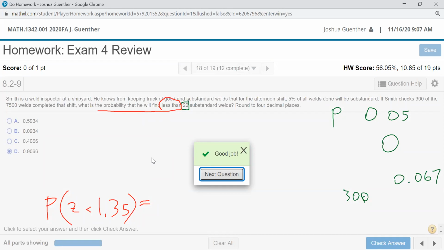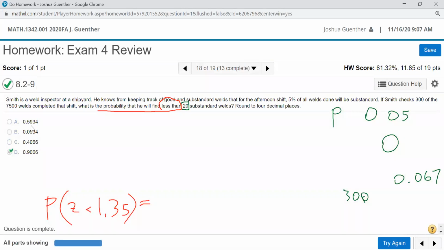And it wasn't a shot in the dark, it was a very educated guess. But if you look up 1.35 on the z-chart and look for the probability less than it, it's about 0.9066. You might be in the right ballpark because we rounded a few times, so it may not be exact, but notice that the 4 answers are pretty far apart from each other, which means you can pretty quickly just pick the one closest to it.